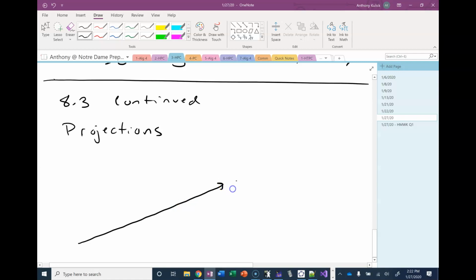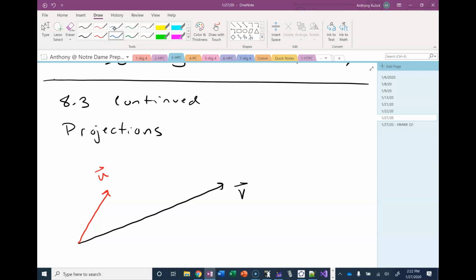So let's say we have some vector here that I'm going to call V. And then I have another vector here that I'm going to call U. What I'd like to do is find a way to rewrite vector U in a linear combination form, but without using the vectors i and j.